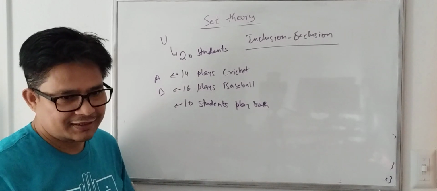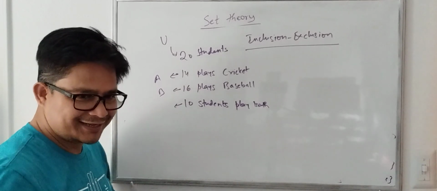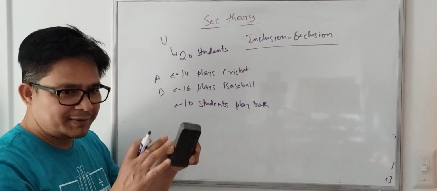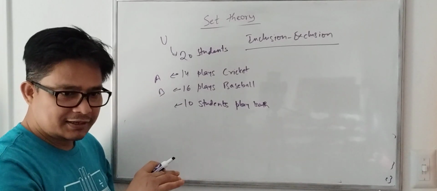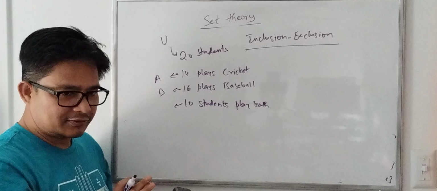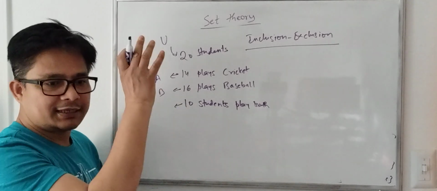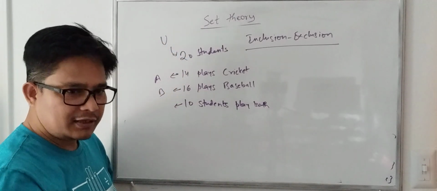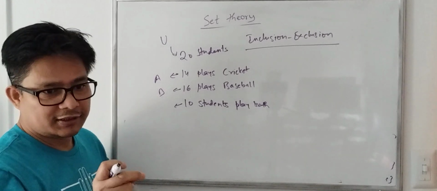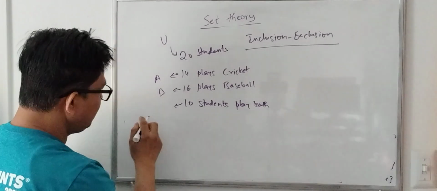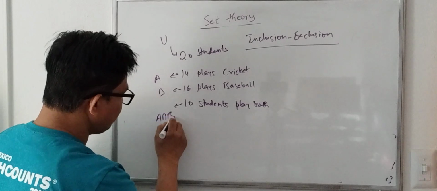Union or intersection? Intersection. Intersection means it has to be in both. Union means it can be in any of them. That's what we learned a few minutes ago. Union means it can be either in A or B or in both. Intersection, it has to be in both. So here I am saying in both, it means it is A intersection B.